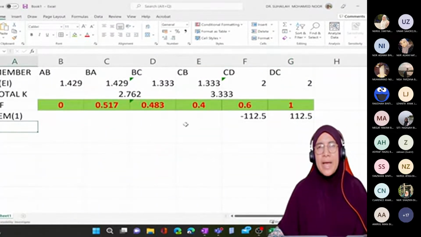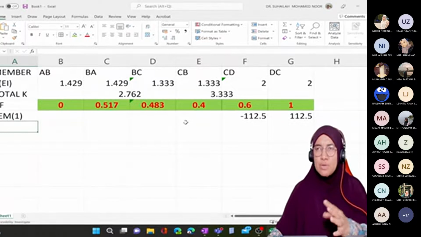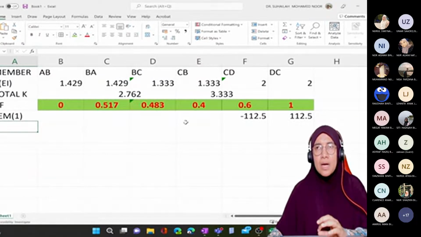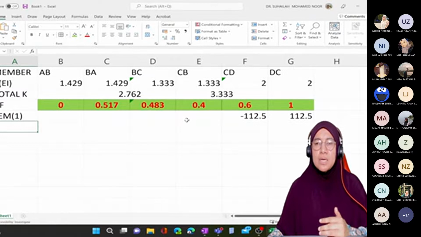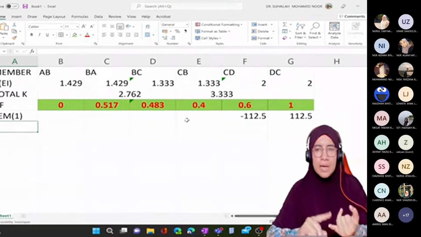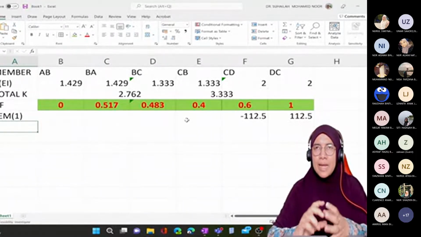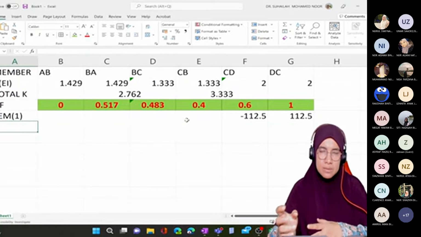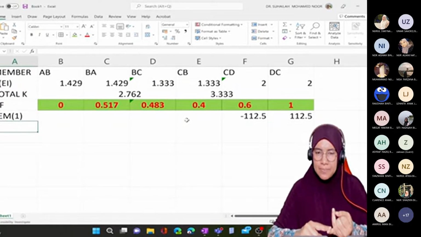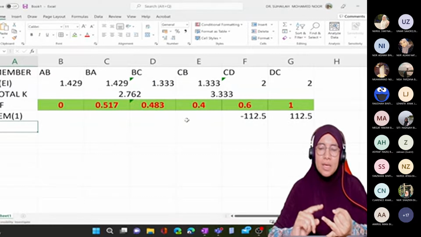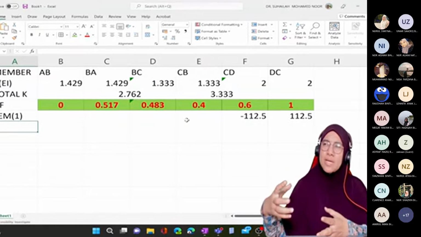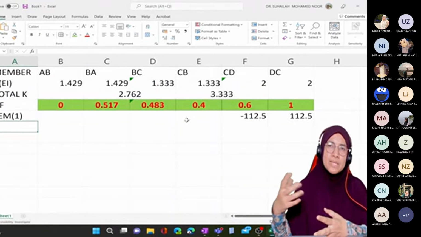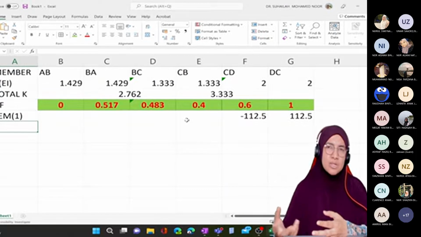So you actually have to refer to the question, because sometimes the question is like this: Question A, calculate the end moment for the beam shown in the figure. Question B, if B is settled, the support settlement comes as an additional question.